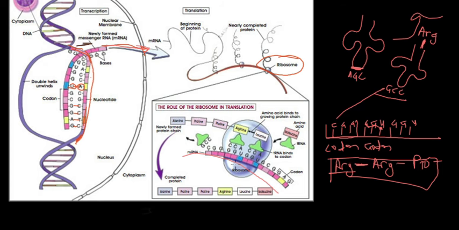There it attaches to the ribosome, and then the process of translation starts, where tRNA, the transfer RNA, brings an amino acid that is for that specific codon.